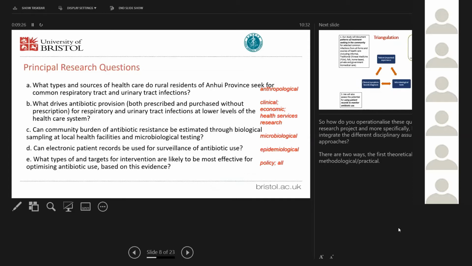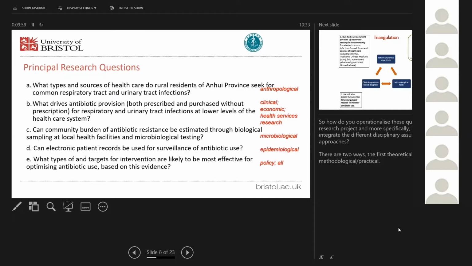So we had representatives for all these disciplines. Rather than going through what these questions were, which you'll grasp as I go through this case study, the question I want to focus on in the next few minutes is, how do you operationalize these questions in a research project? And more specifically, how do you integrate the different disciplinary assumptions and methodological approaches which these different disciplines bring to the study?